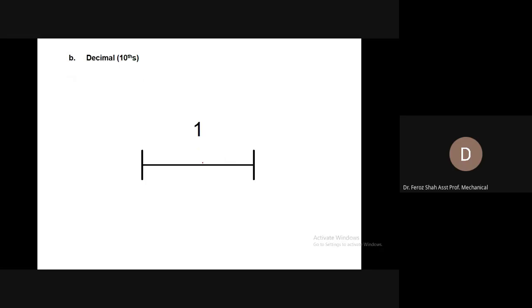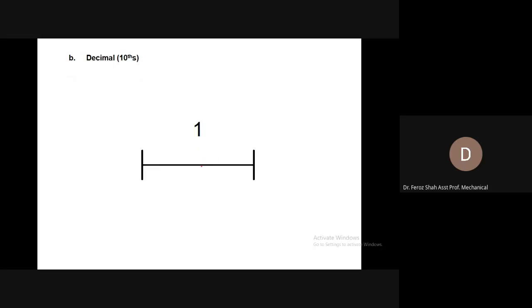So for example, if you draw a line of 1 centimeter and you want to divide it into 10 equal divisions, or 1 millimeter, so for that, first of all, draw a line of 1 centimeter.